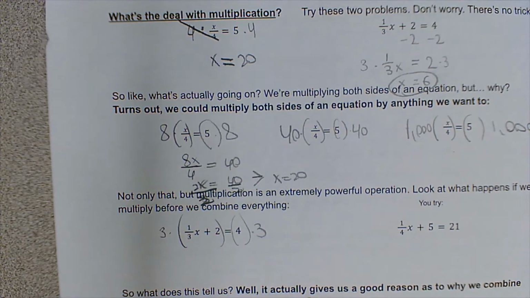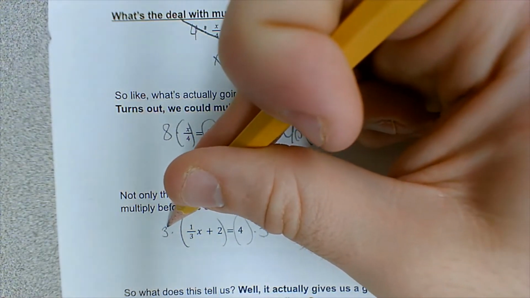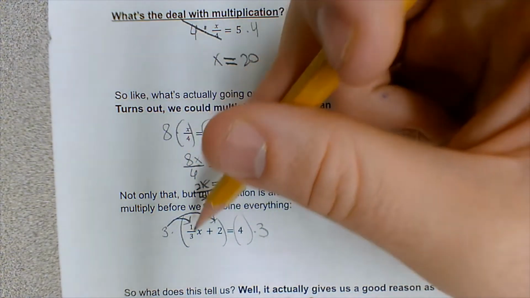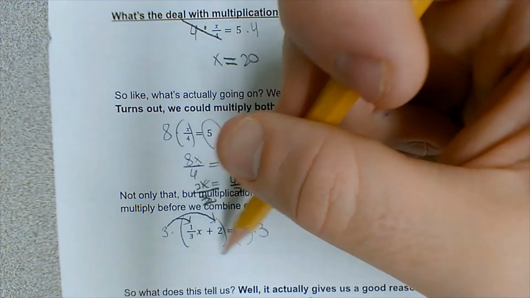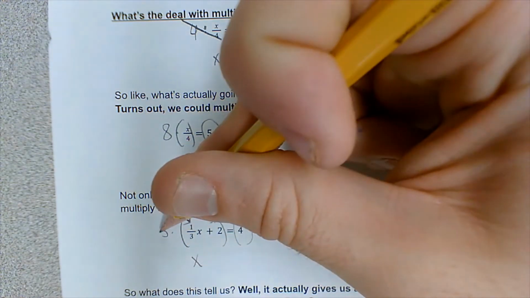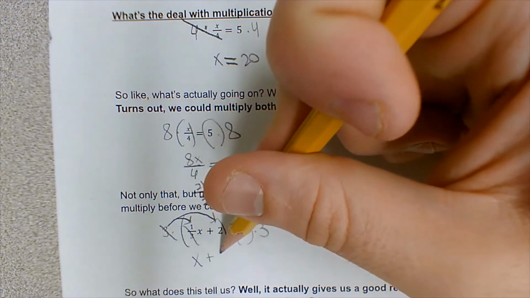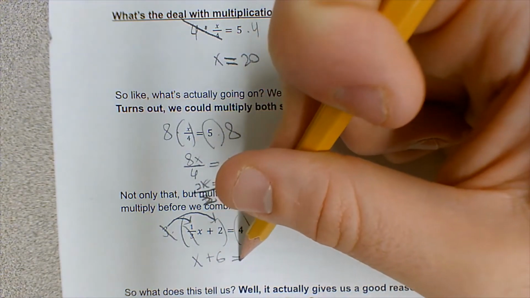The point is, if you multiply too early, you're going to get a lot of big numbers really fast. So I multiply 1/3 by 3 and 2 by 3. So 1/3 x is going to just become x because the 3 and the 1/3 cancel out. 3 times 2 is going to be 6, and then 4 times 3 is going to be 12.